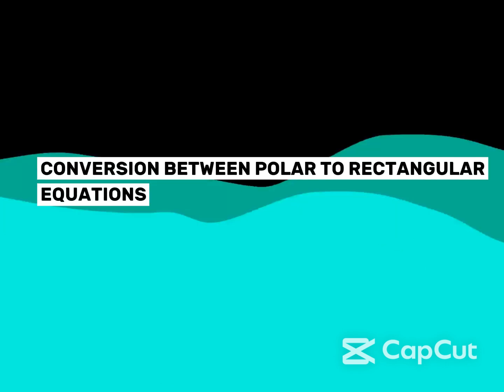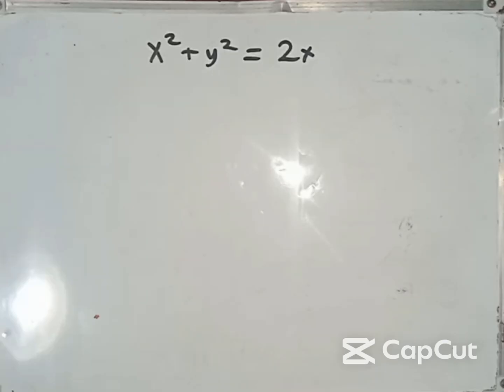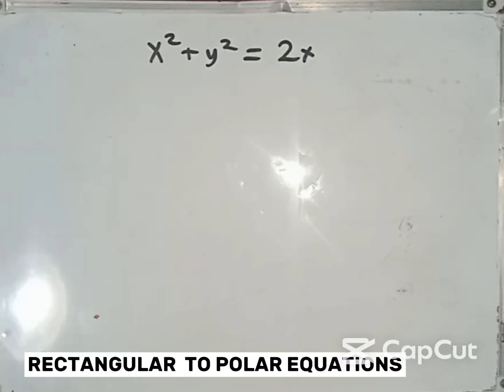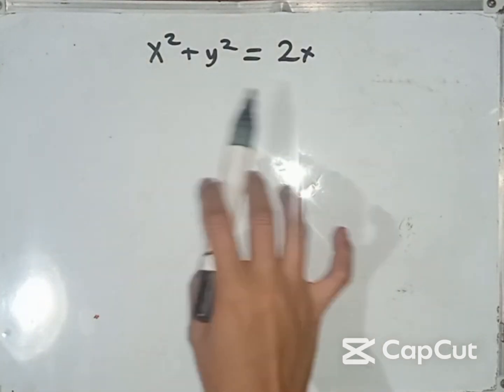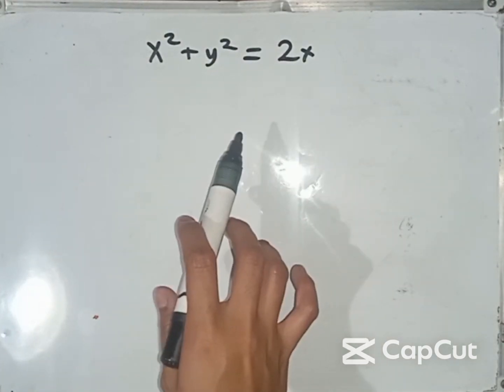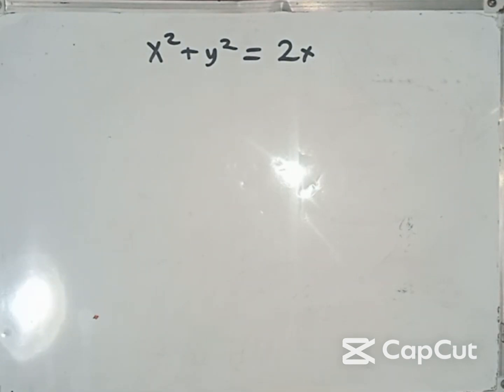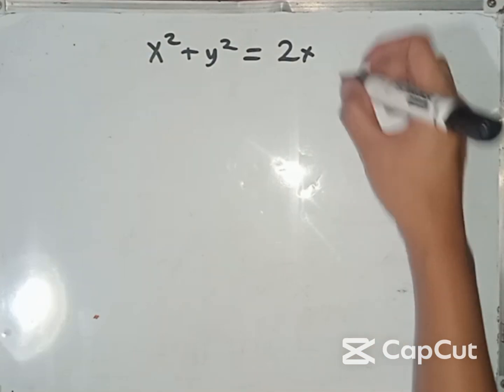Coordinates are one thing, but what about full equations? How do we convert them? To convert equations from rectangular to polar, we need to recall the formulas and the definitions that we have learned from earlier.